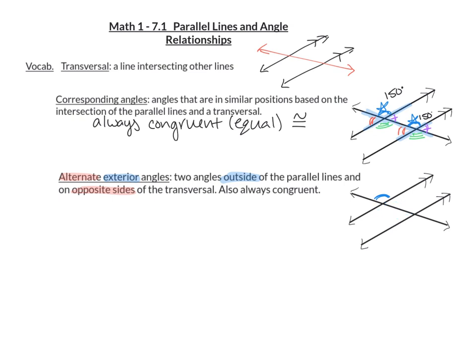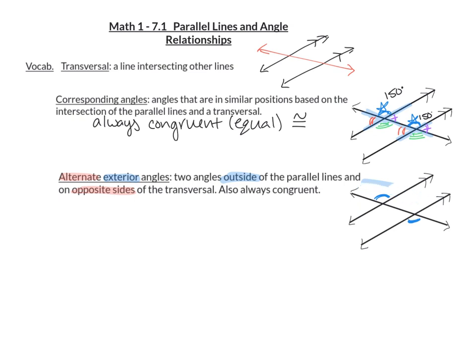They're outside the parallel lines, and it needs to be on the other side of the transversal. So it's going to actually be down here. Because the one up top is on this side of the transversal, and the one on the bottom is on the other side, which is down here. So those are one set of alternate exterior angles.